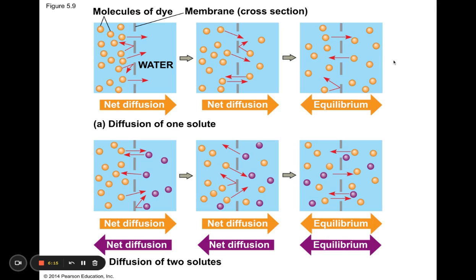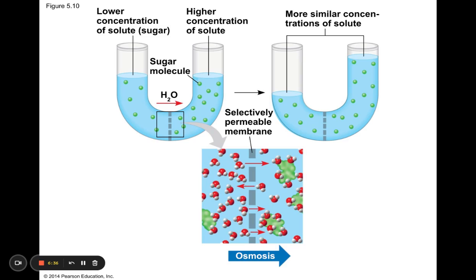So overall, the net movement in equilibrium is zero. That doesn't mean the molecules are not moving, it's just that net movement is zero at equilibrium because as many molecules move to the left as are moving to the right. So that is another concept that students sometimes struggle with.